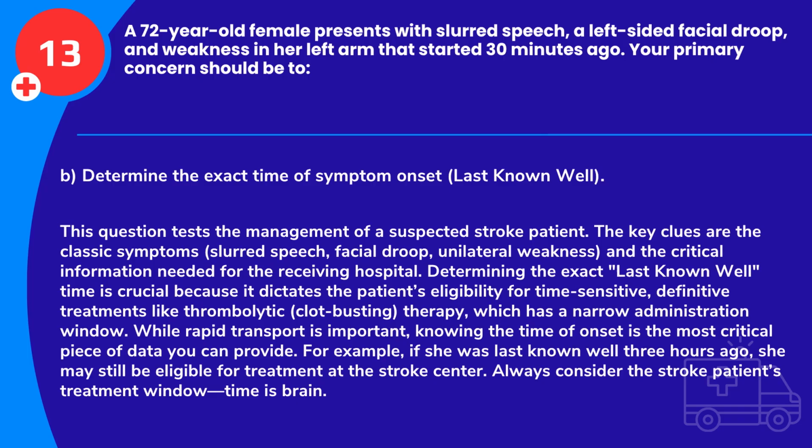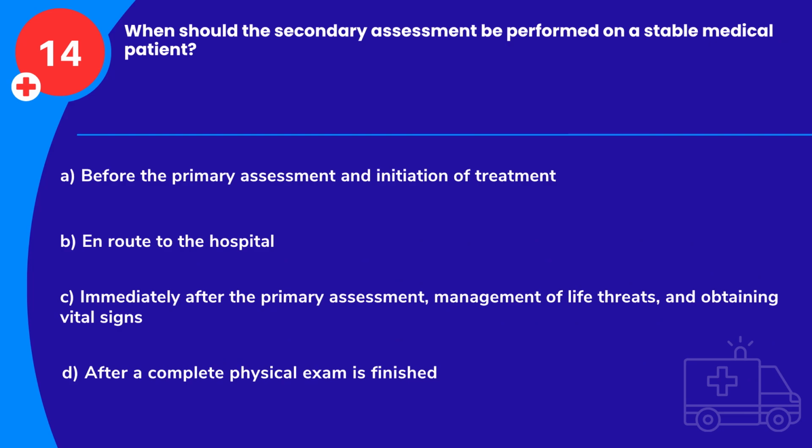While rapid transport is important, knowing the time of onset is the most critical piece of data you can provide. For example, if she was last known well 3 hours ago, she may still be eligible for treatment at the stroke center. Always consider the stroke patient's treatment window. Time is brain.